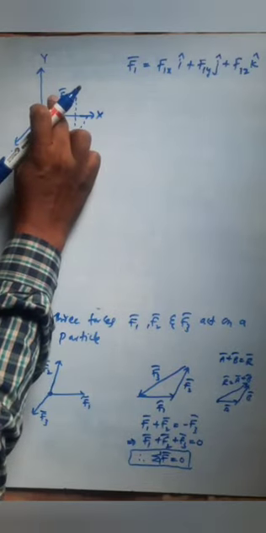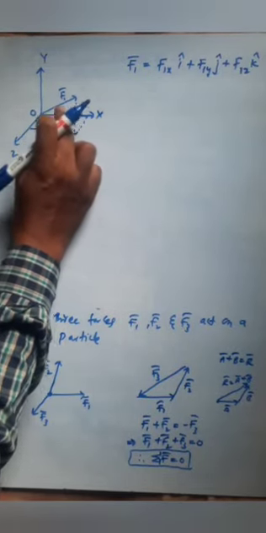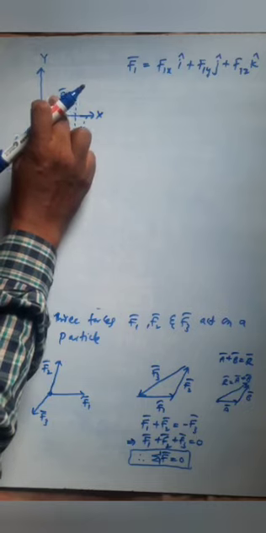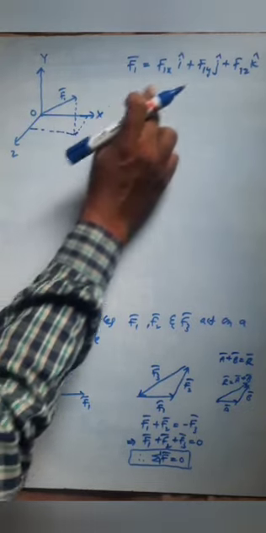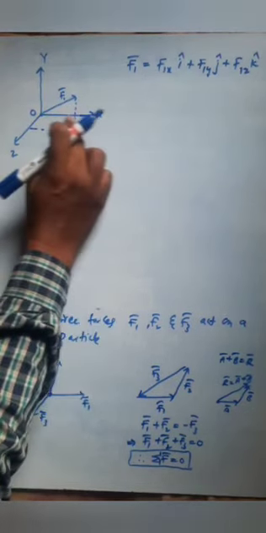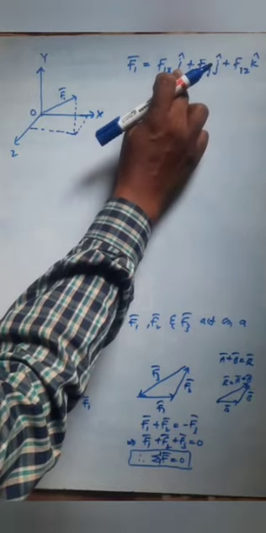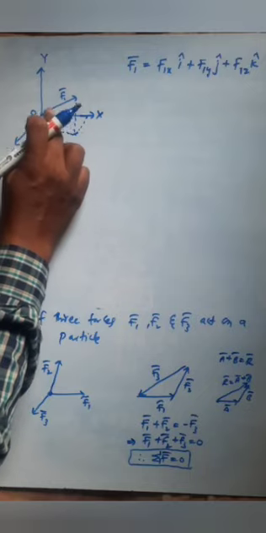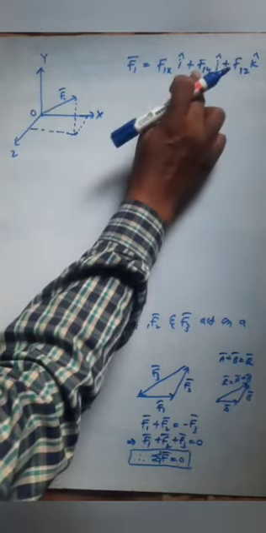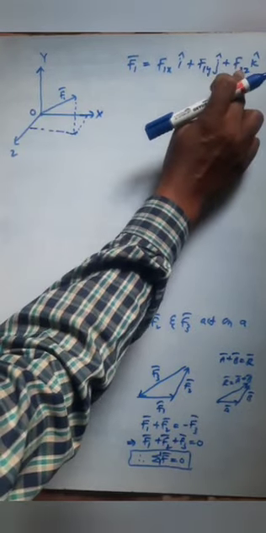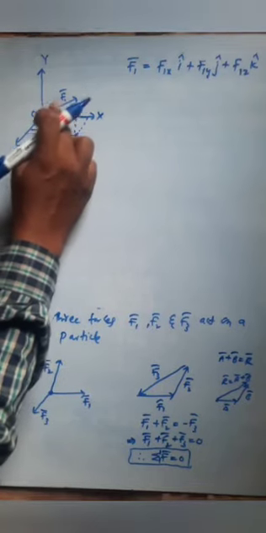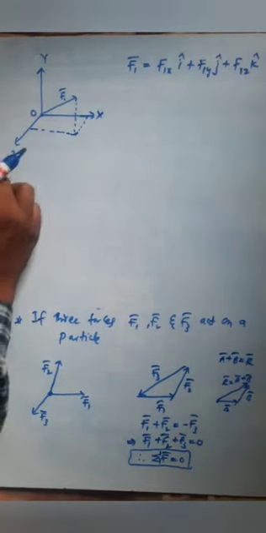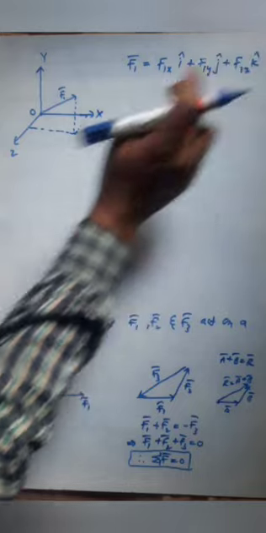The component of F1 bar along the x axis is F1x, and along the x axis the unit vector is i cap. Similarly, the component of F1 bar along the y axis is F1y into j cap, plus the component of F1 bar along the z axis, F1z into k cap.